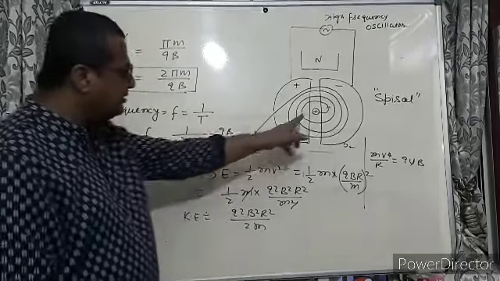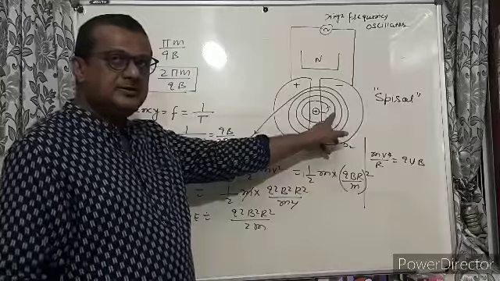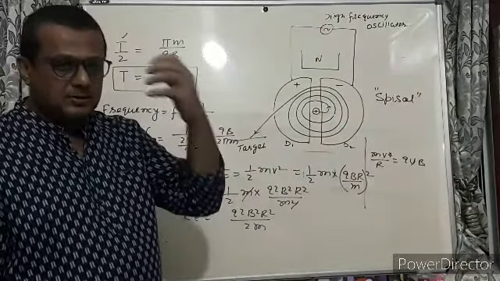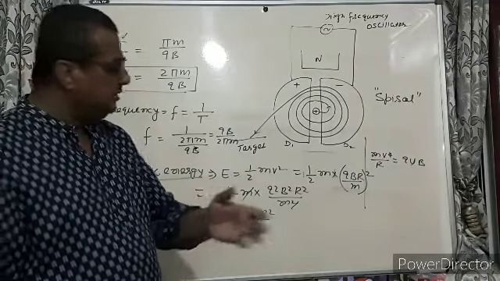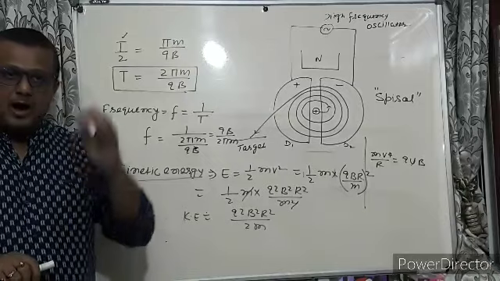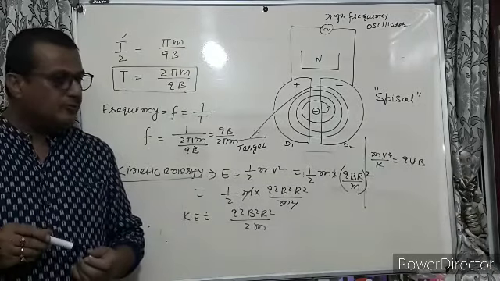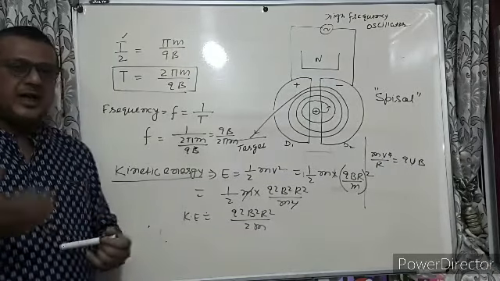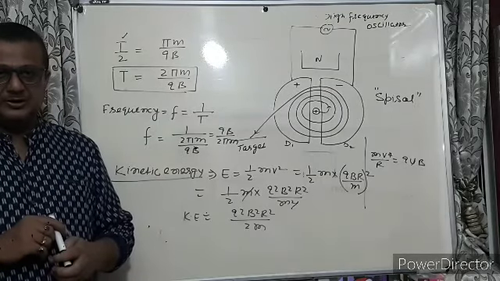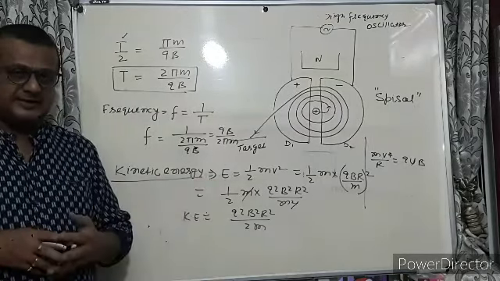When a lighter particle starts from here, then after one rotation or half rotation, it strikes the wall of the hollow chamber. Why? Because it is lighter than positively charged particle. So electron is not accelerated.